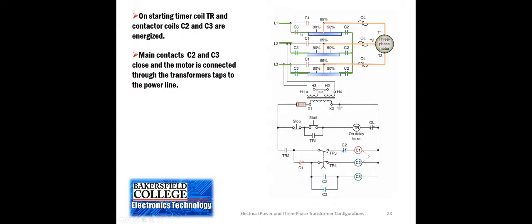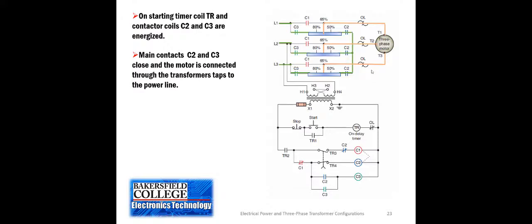But the voltage will go through each coil to the center of the Y. Remember that terminal A is where C3 is, and terminal E is where C2 is. And then the 65% tap puts that lower voltage to the three-phase motor coils. The time delay timer allows that configuration to work for a certain length of time, long enough for the motor to come up to speed, or at least as close as we want it to full speed.